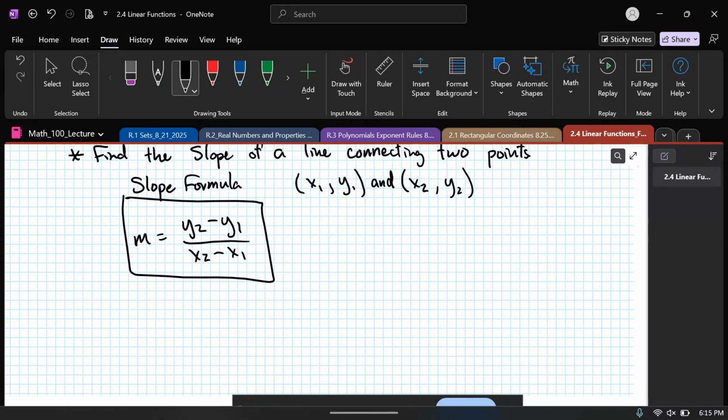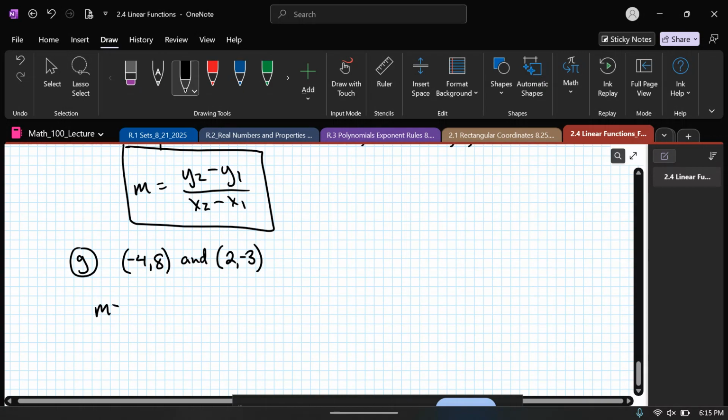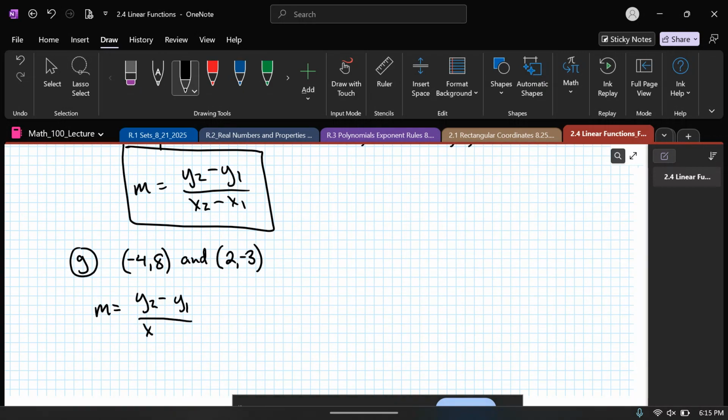So let's get an example of doing that. We're going to find the slope of the line between 2 points: -4, 8, and 2, -3. Okay, so those are my two ordered pairs. So I'm going to take y2 minus y1 over x2 minus x1.